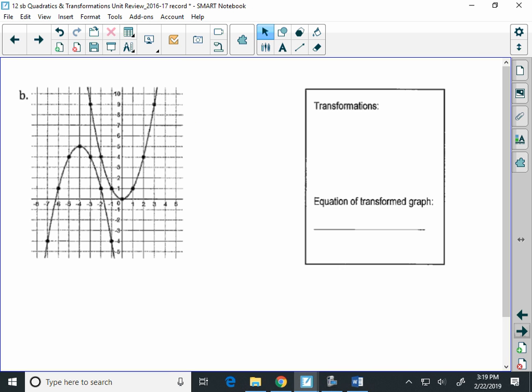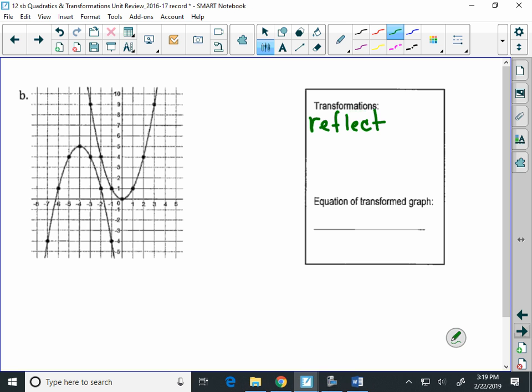Part B, same kind of picture here, and we want to identify the transformations. The first thing that I personally notice is that our graph is flipped over. And when it's flipped over, we say that we reflect over the x-axis. But again, let's look at our turning point, also known as our vertex, on this particular problem.